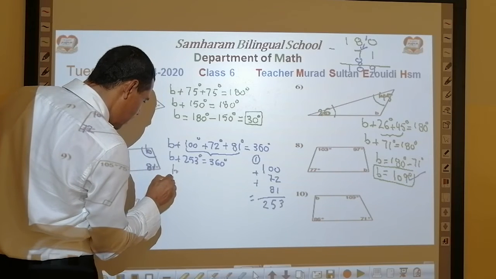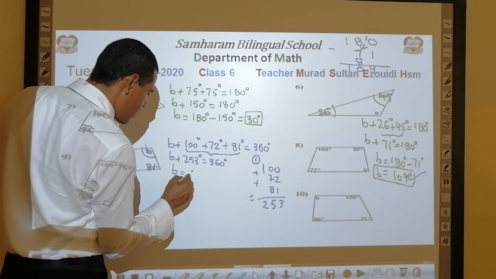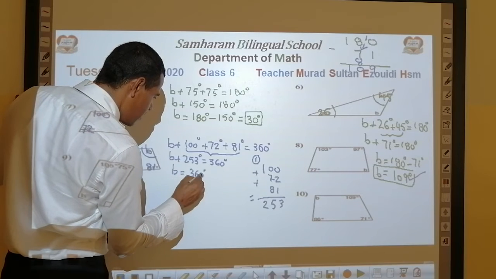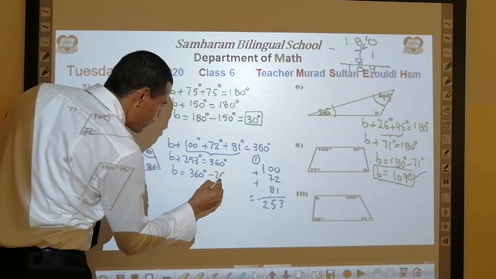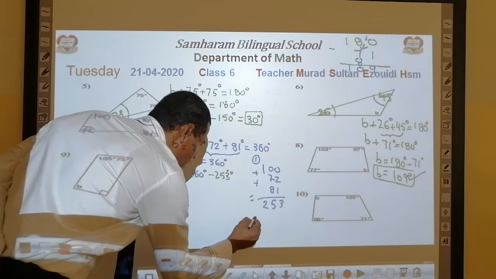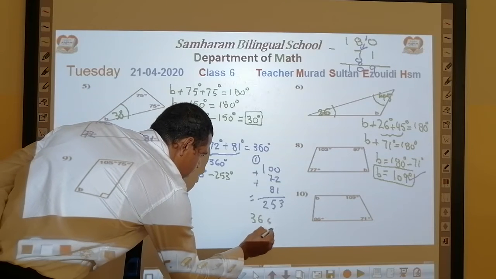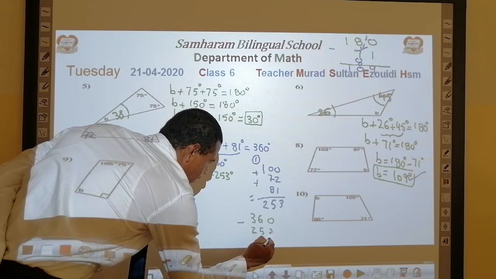To find B now, my kids, I will subtract 253 from both sides. It will be 360 degrees minus 253 degrees. Okay? So just calculation. I will make 360 degrees minus 200 and 53.